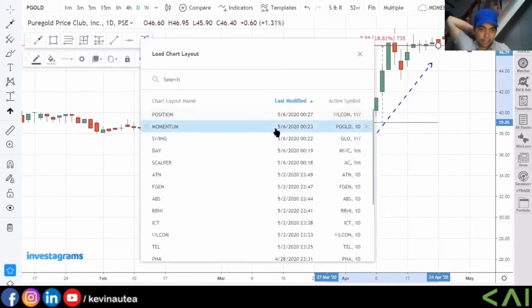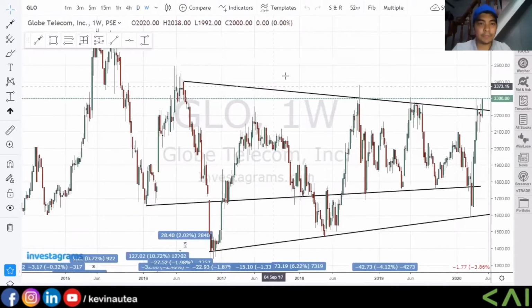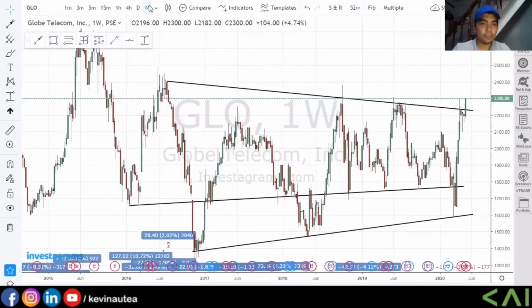And next we have the swing for swing traders. I have here Globe on a weekly chart. This is mostly a support and resistance level. We have a farther or bigger support level at this one below, and a more narrow and tighter support level here, and a resistance level at this area.